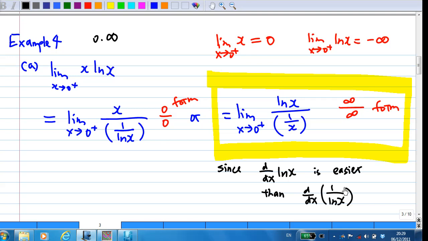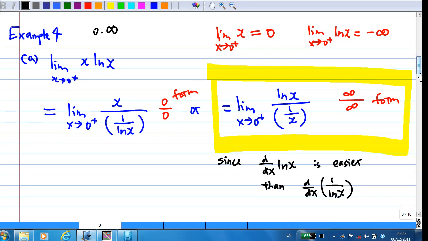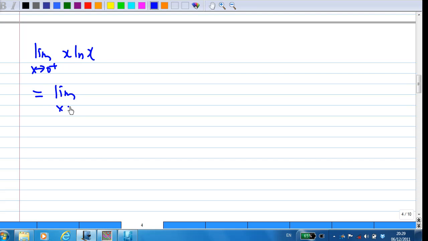So let me rewrite again. The limit of x ln x when x approaches 0 plus is equal to the limit using the second form, the infinity over infinity case, and then applying L'Hopital's rule.